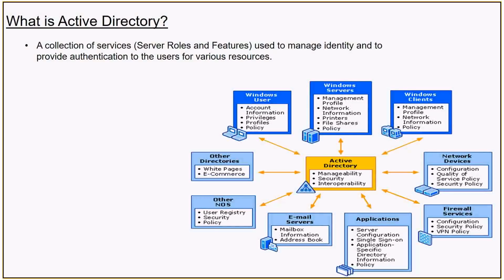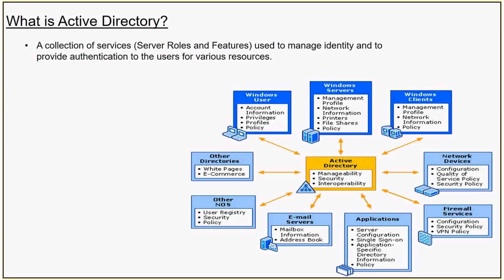So now what is Active Directory? Basically, Active Directory is a collection of various services. For example, DNS services, DHCP services, file services, print services, load balancing services, web hosting services, mail services, network services, and so on. So you have a lot of services. All of these services are present in your Active Directory.